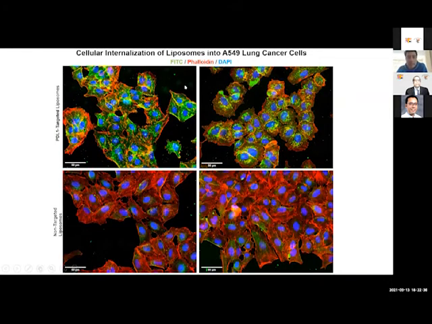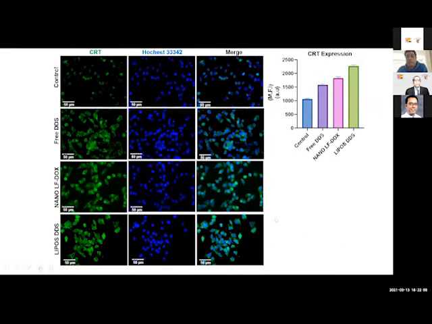You can see here liposomes encapsulating a fluorescent dye, FITC in green color, how its entry or internalization has been maximized compared to the non-targeted liposome, using here the red phalloidin as a counter dye. Then we have evaluated how our nanoparticle induced immunogenic cell death by measuring different factors.